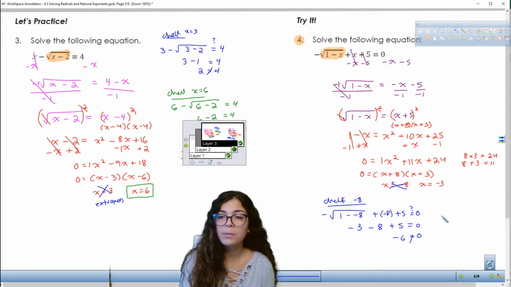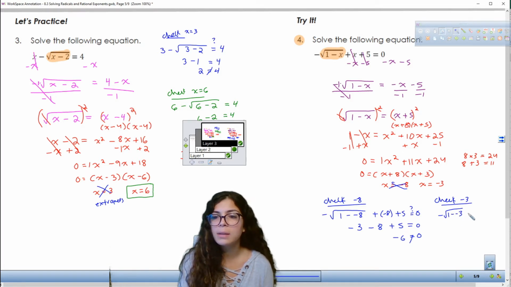So let's look at -3. Let's check that one. Negative square root of 1 minus x plus x plus 5. Does that equal 0? 1 minus -3 would be 1 plus 3, so that's 4.